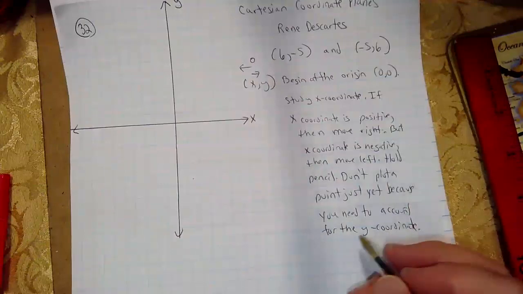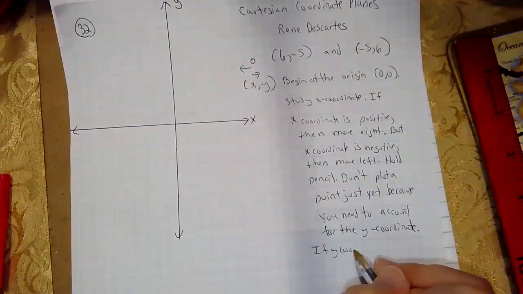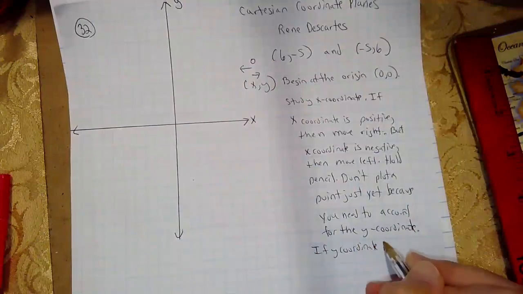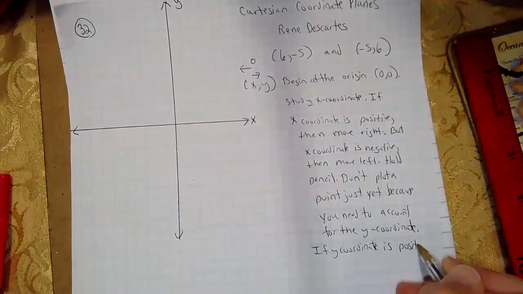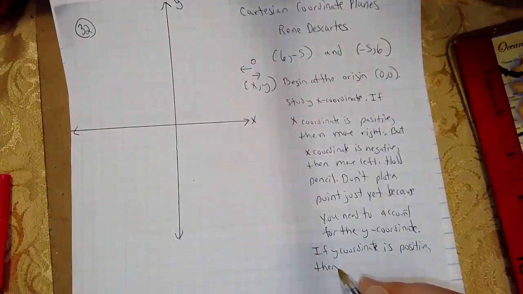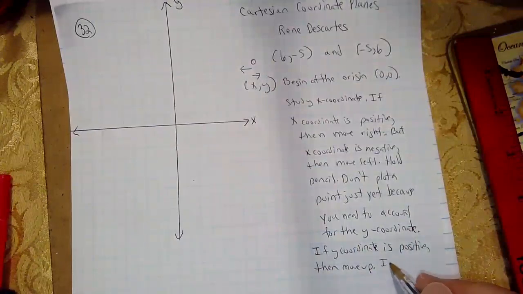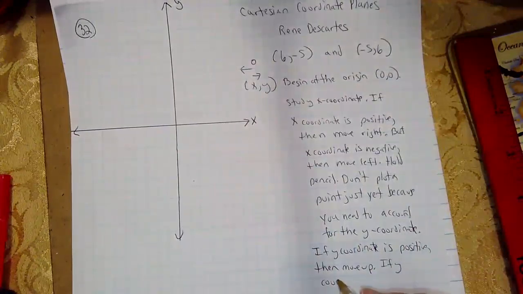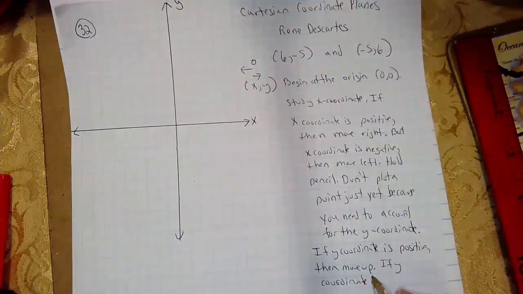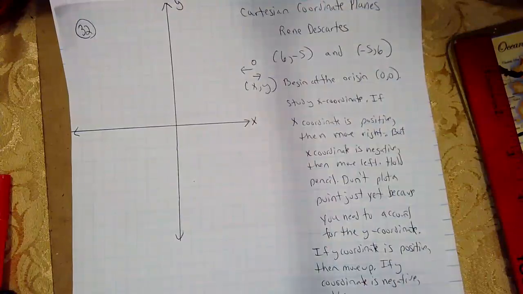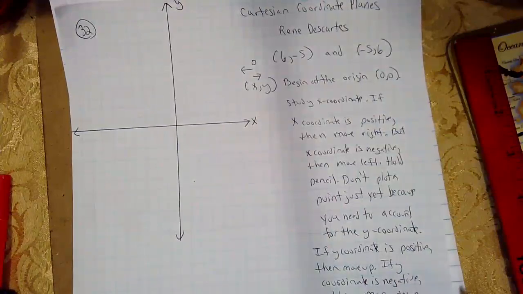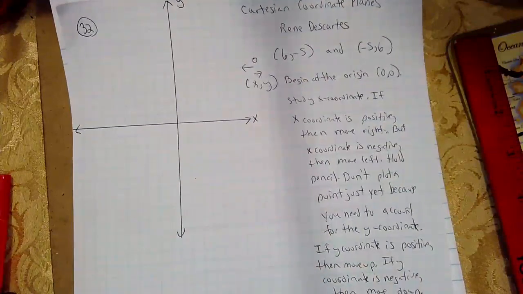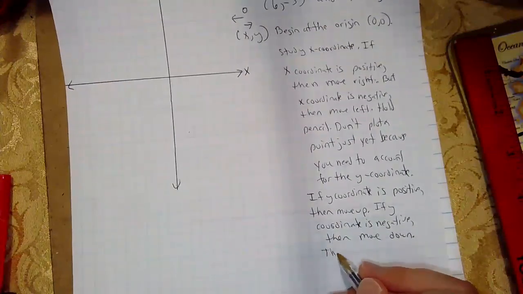If the y coordinate is positive, then you move up that many points. But if the y coordinate is negative, then you're going to have to move down that many points. And then at that point, you can plot your point.